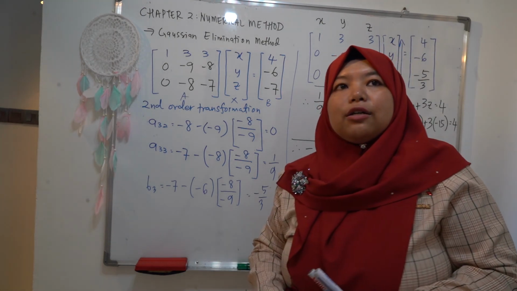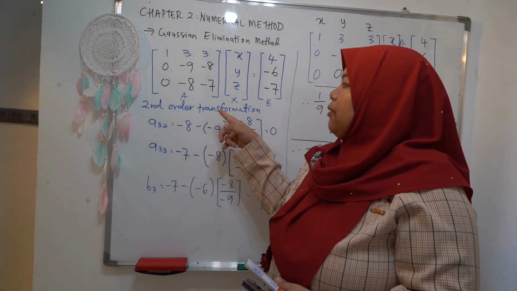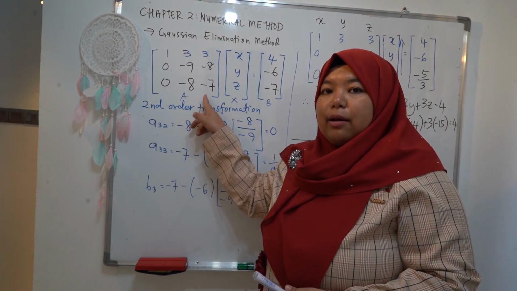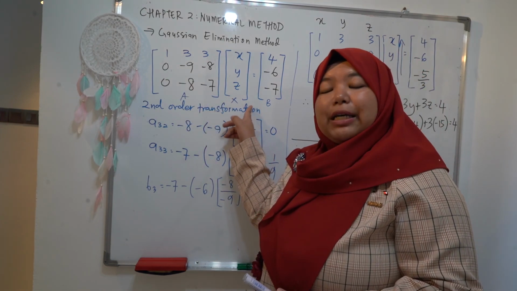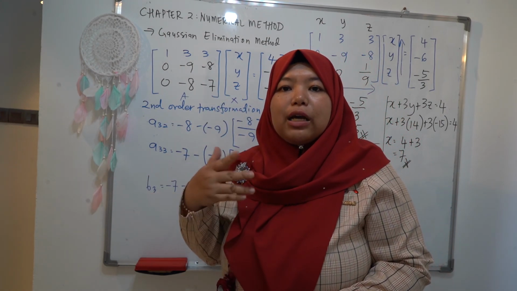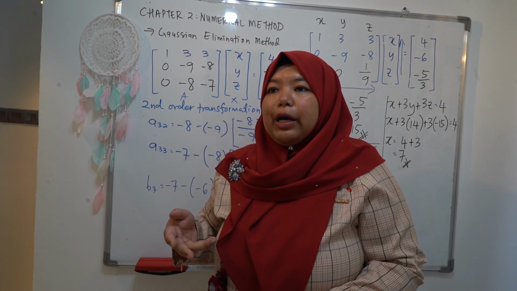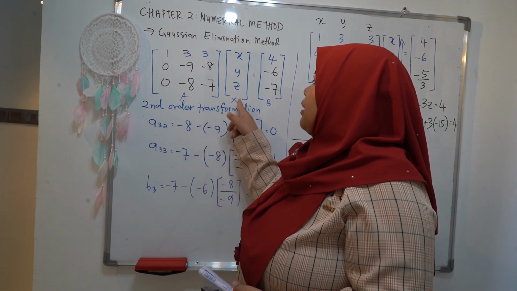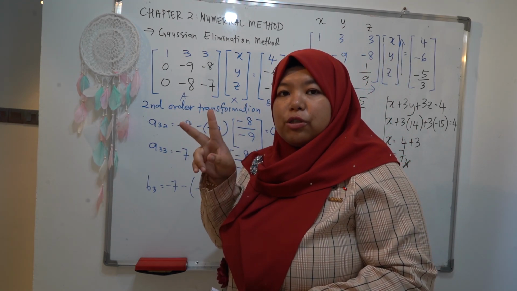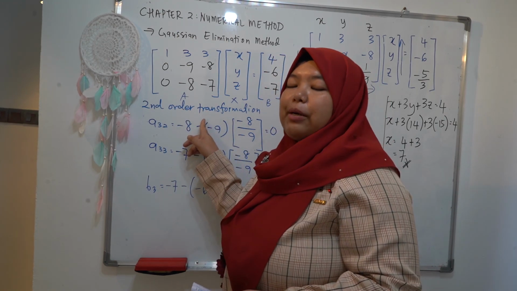For the conclusion, first of all, you convert into the matrices: matrix A, matrix X, matrix B. Then we apply the first order transformation for the second row and the third row. When we do matrix A, X equals B, we check whether there are no zeros in any row, so we have to apply the second order transformation.